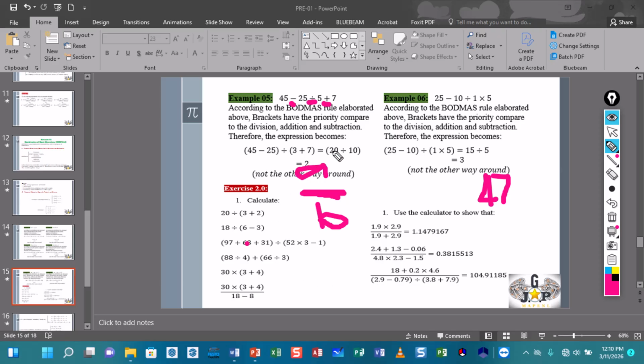And what I can do to make my life easier, I will recommend each and every time you have this category of operation: you have a subtraction or an addition, and you have the division at the center, or somewhere between. This is what you have to understand. If your division is at the center, what you do, you create brackets to make your life easier.